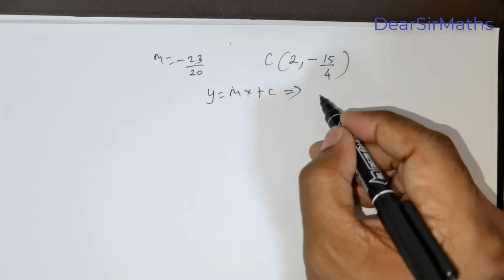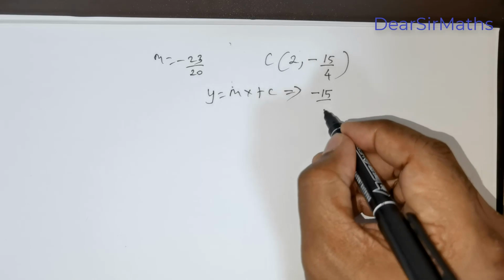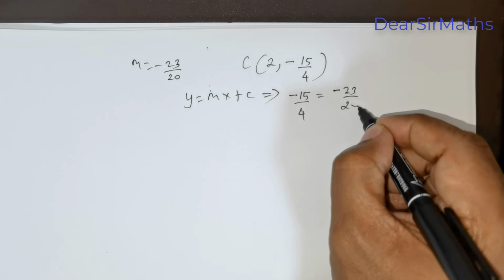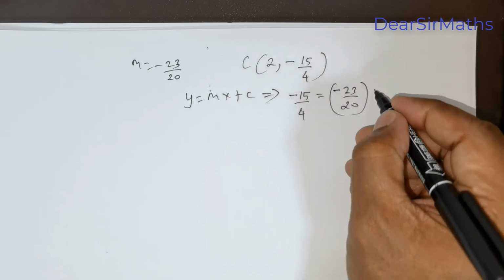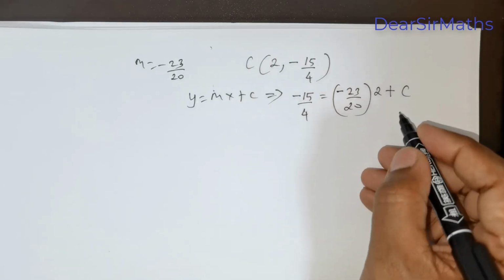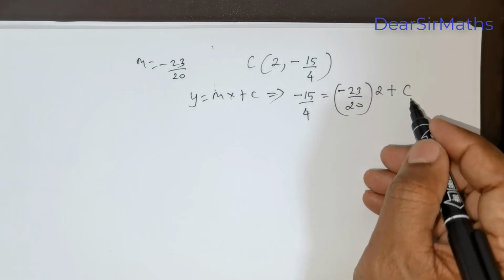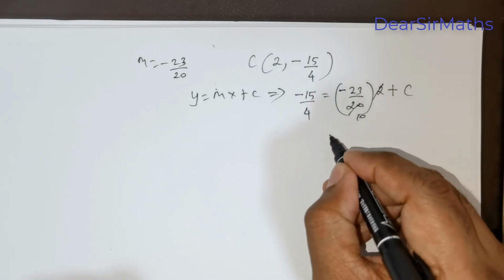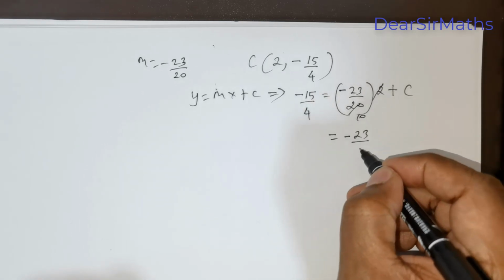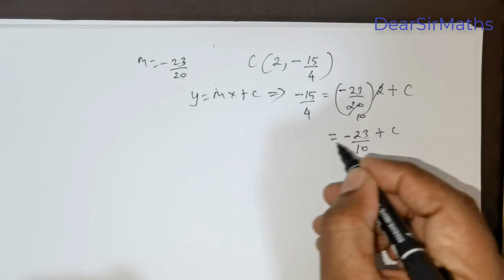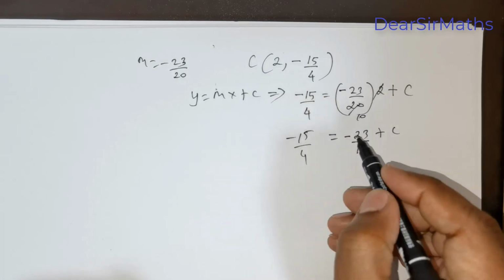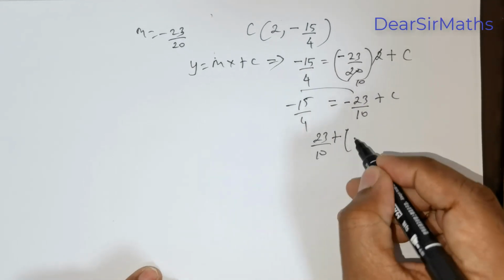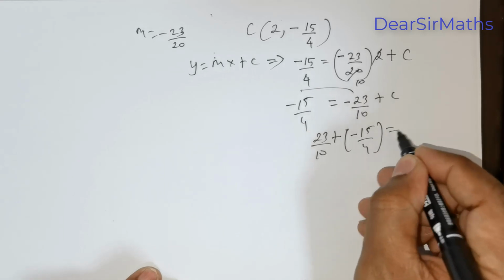So this would mean -15/4 = -23/20 times x, where x is 2. We are trying to get the value of c. So 2 divides 20 ten times. So this is -23/10 + c, and over here you get -15/4. So move this to the other side, you get 23/10 + (-15/4) = c.